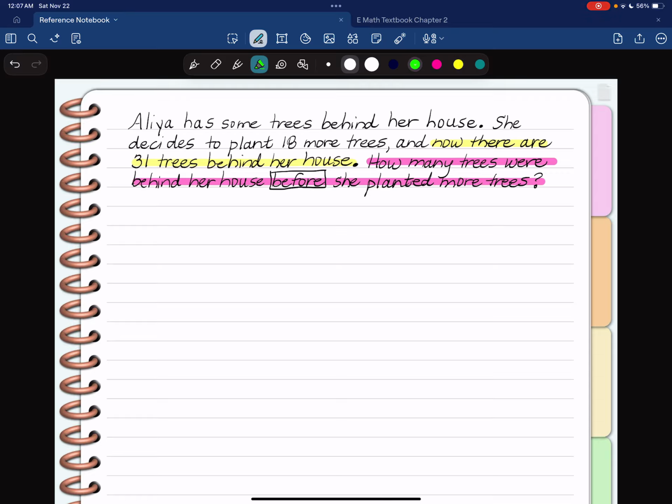We know that she planted 18 of those trees recently. And we're supposed to find out how many trees were there before she planted. So I'm going to sketch her house. And I'm going to draw some trees. I'm going to draw 31 trees because it says now there are 31 trees. And I'm just going to use dots for my trees.